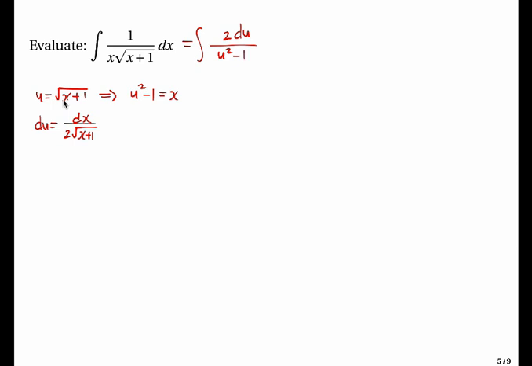And for this, we know that we can easily factor u squared minus 1. So we just have to write 2 over u squared minus 1 equal to a over u minus 1 plus b over u plus 1. And again, combine this into a single rational expression.